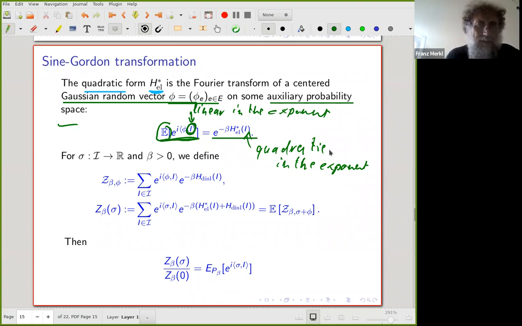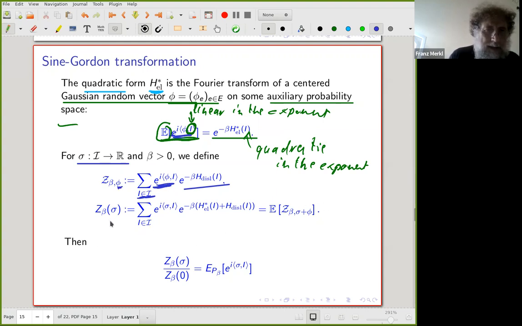Now, for any field on the lattice, we use auxiliary partition functions. So we take our Boltzmann weight, but with this exponential coming from this Fourier argument, summed over all configurations. So it's a partition sum, but now with this extra auxiliary field phi, depending on the temperature.